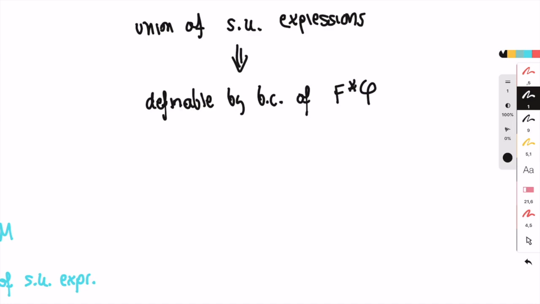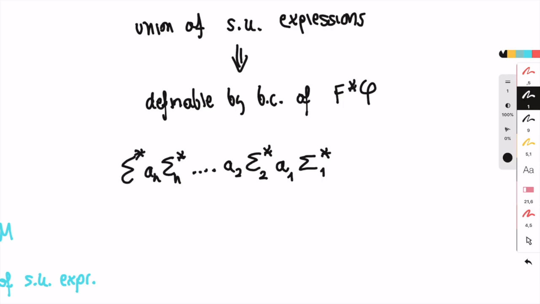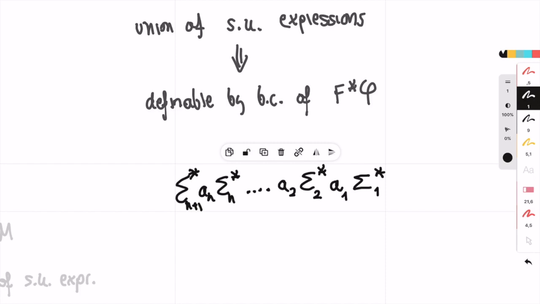Suppose that you have sigma 1 star. Let's do it in full generality. It doesn't really matter. So we have a suffix unambiguous expression like this.